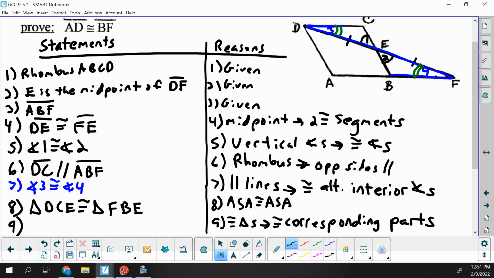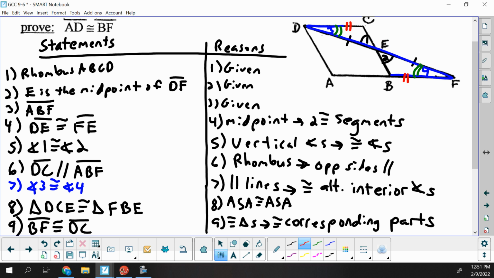And BF would match with DC. So we'll say those are congruent. And once we say they're congruent, we can mark them in our picture.